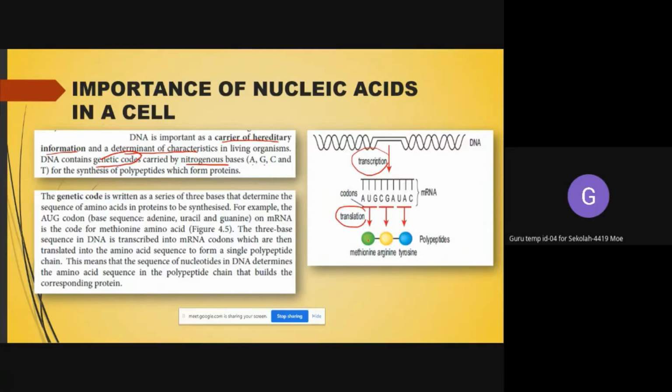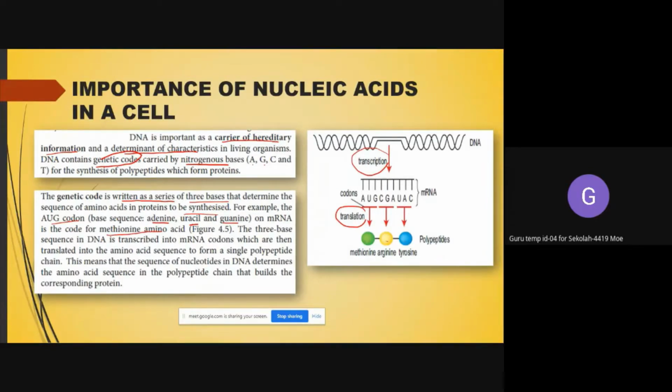Dalam polypeptide ni ada macam-macam jenis amino acid. Ingat lagi tak yang pembelajaran lepas? Amino acid ni akan membentuk polypeptide. So the genetic code is written as a series of three bases that determine the sequence of amino acid in protein to be synthesized. For example, the AUG codon. AUG refers to adenine, uracil, and guanine on mRNA, is the code for methionine amino acid.